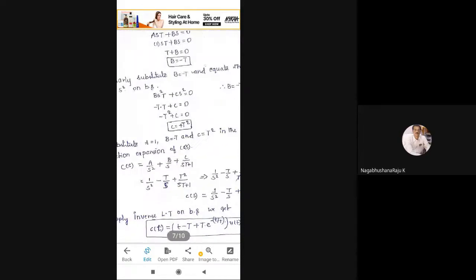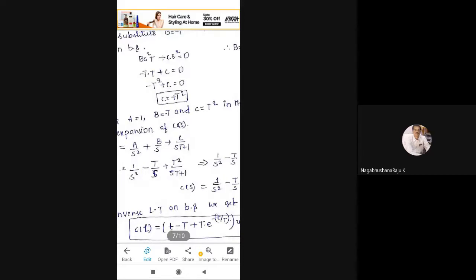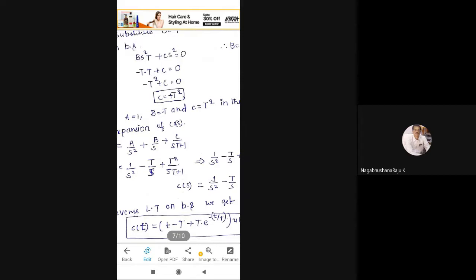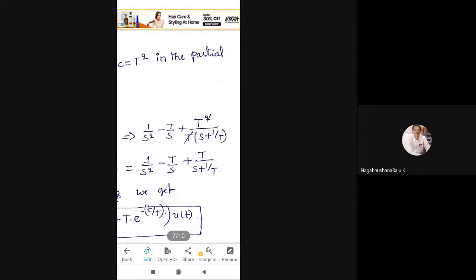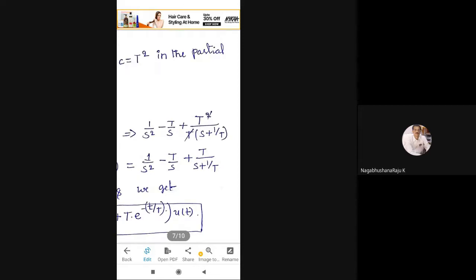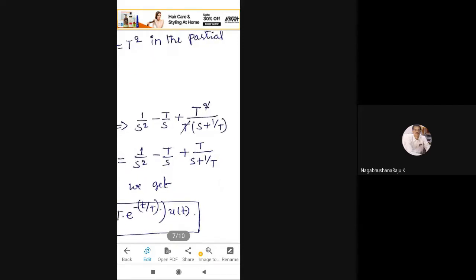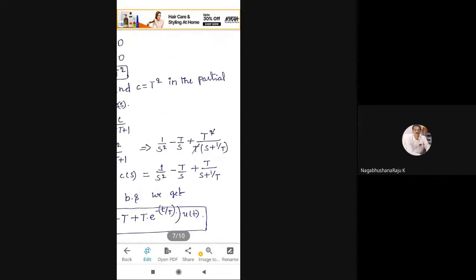We get all the three values and substitute these three values in the partial fraction expansion of C(s). Then C(s) equals A by s square plus B by s plus C by (sT plus 1), that equals 1 by s square minus T by s plus T square by (sT plus 1), that equals 1 by s square minus T by s plus, by taking the T as common and cancelling the T, we get 1 by s square minus T by s plus T by (s plus 1 by T).